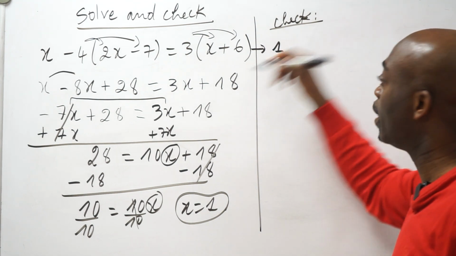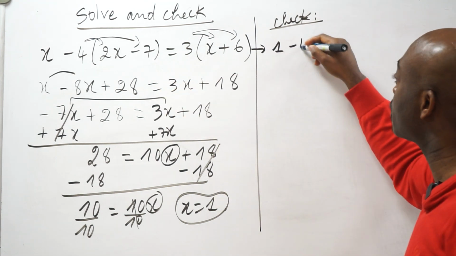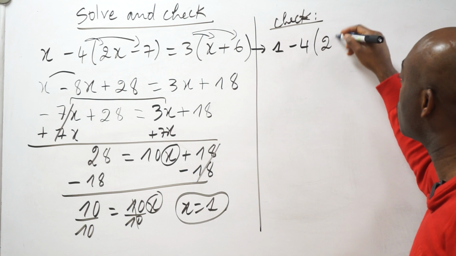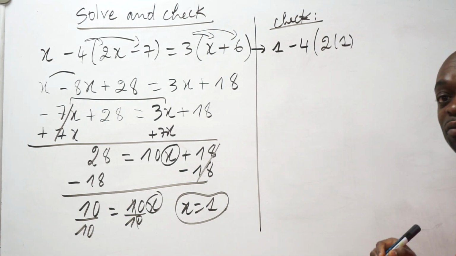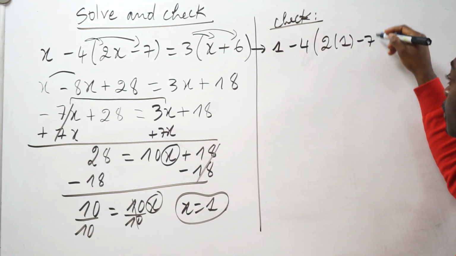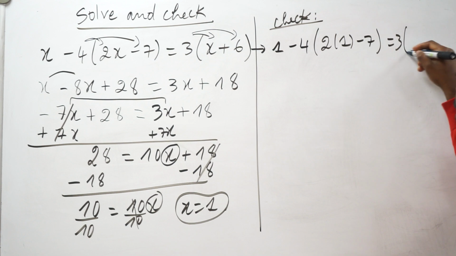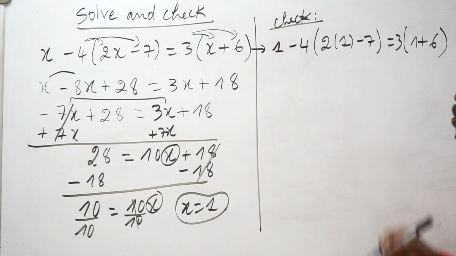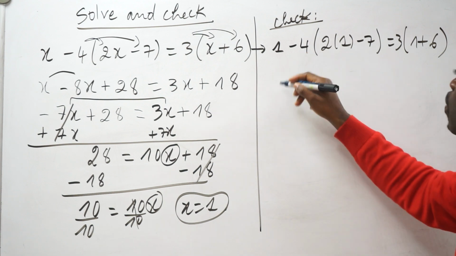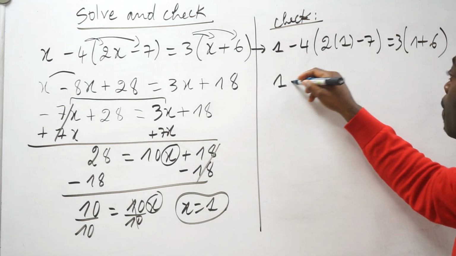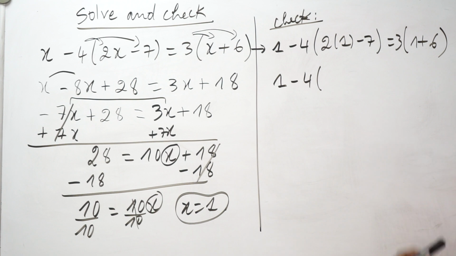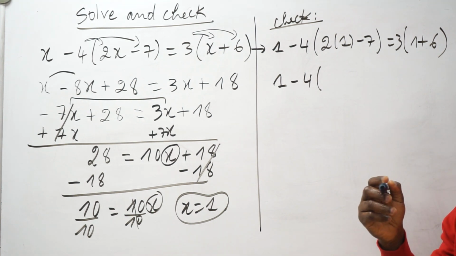So that would be 1 instead of x, minus 4 times 2 times 1, minus 7, equal to 3 times 1 plus 6. So 1 replaces x. We come down, and whatever you have in the parentheses, we finish working on that and get out of it 1 number.